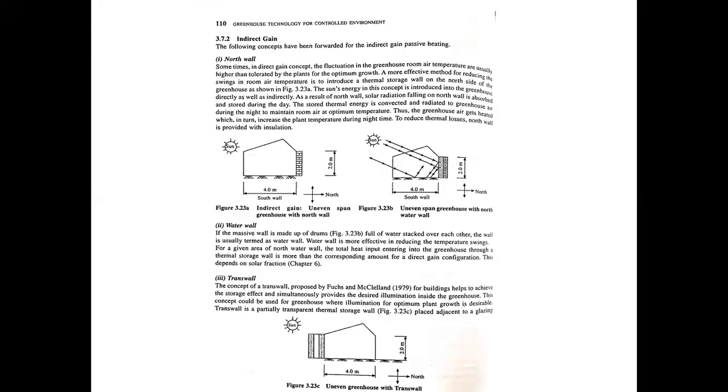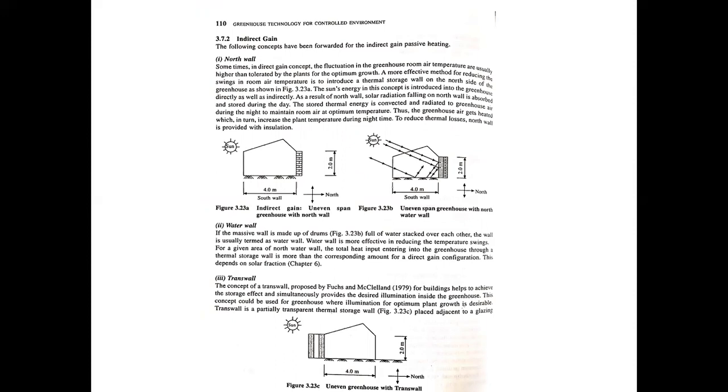So here also there is a trans wall, which is an illumination wall, or we can say a reflecting wall, which can be built for thermal storage of solar radiation.